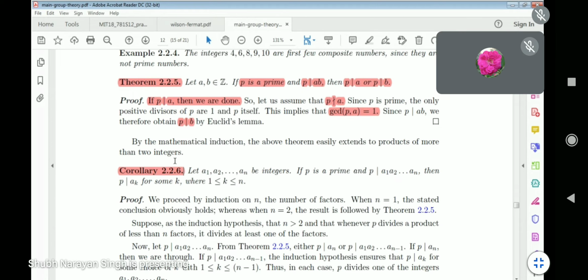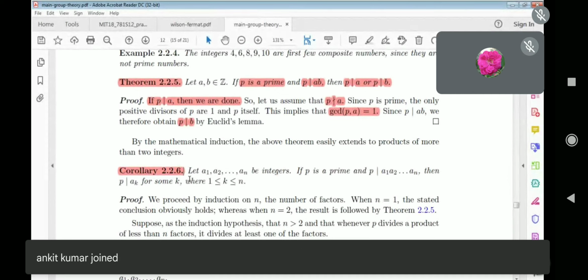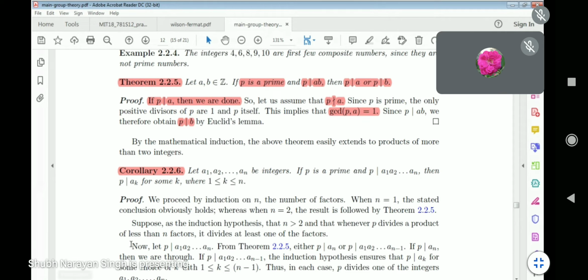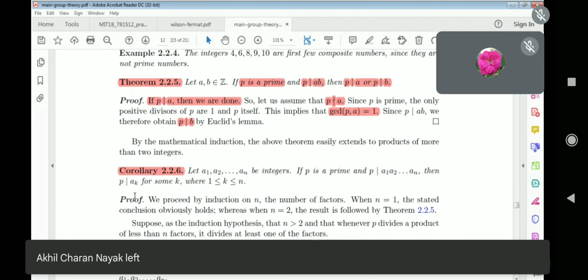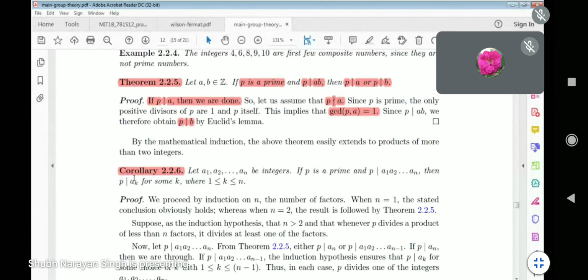I am just reading out the statement: suppose we have n integers and a prime P which divides the product a1 a2 up to an, then P must divide at least one factor, call it ak, between a1 and an.